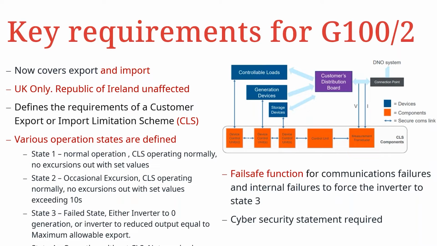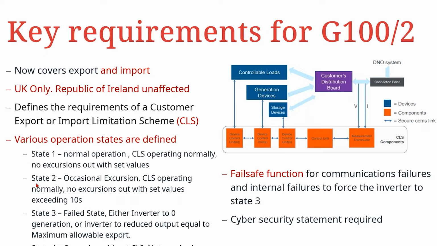And what we have to do is we have to adhere to three main different states of operation. So state one is our normal operation, where the system is working normally. Export is below the threshold, and we're adhering to the requirements. State two is where we have occasional excursions. So we're exceeding the export limit, but the inverter is reacting, it's reducing the output and getting back down to the required threshold.